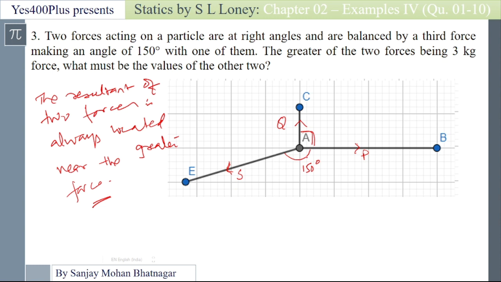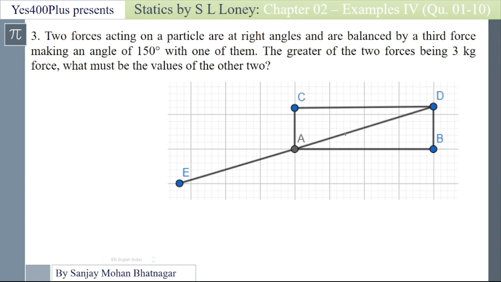Okay, अब सवाल है कि ग्रेटर कौन सा है। तो चूंकि ये बैलेंस किए हुए है, तो इसका जो रिजल्टेंट होगा वो ये होगा, AD is the resultant. तो obviously this angle is 30 degree and this angle is 60 degree. तो चूंकि रिजल्टेंट कंपैरेटिवली नियरर है इस AB फोर्स के यानी कि फोर्स P के, so P is obviously greater and then P is definitely P is equal to 3.